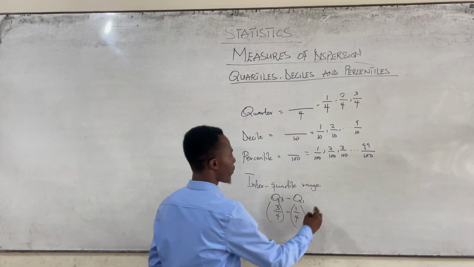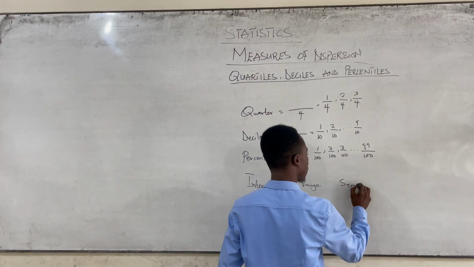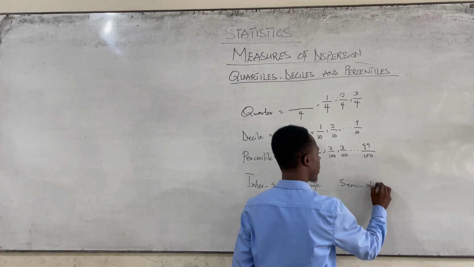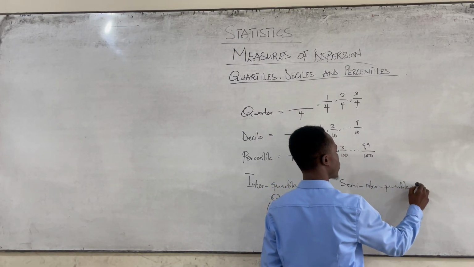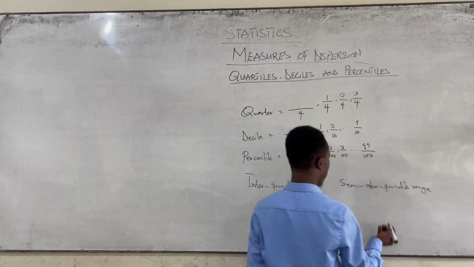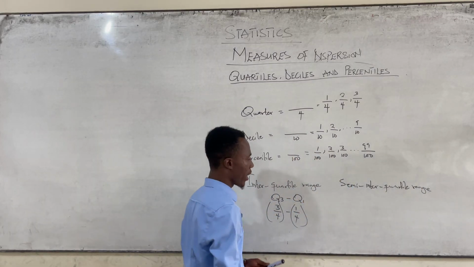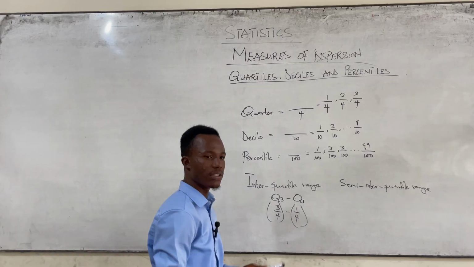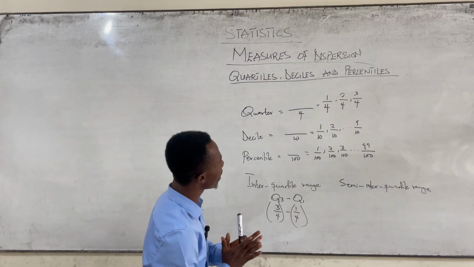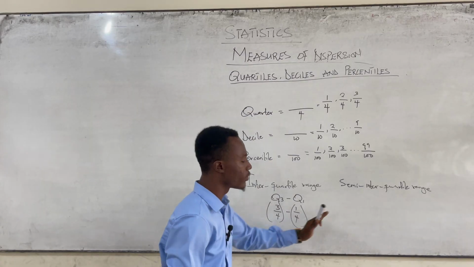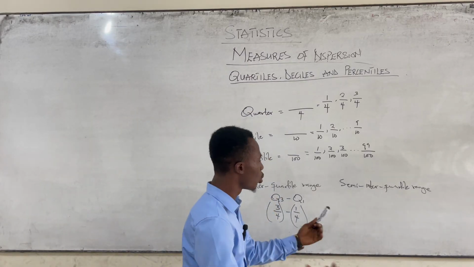Then we also have semi-interquartile range. Whenever you hear the word semi, it means divided by 2. Any word that has semi attached to it means you have to divide that particular thing by 2.